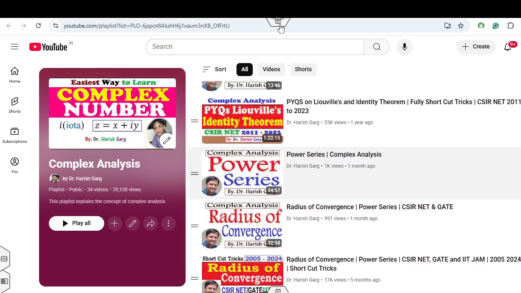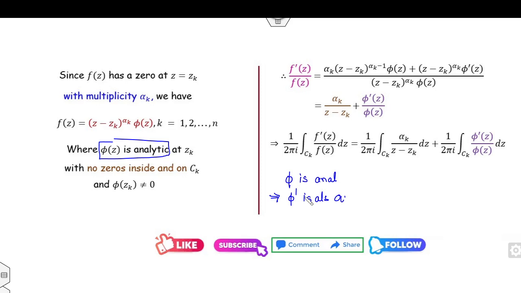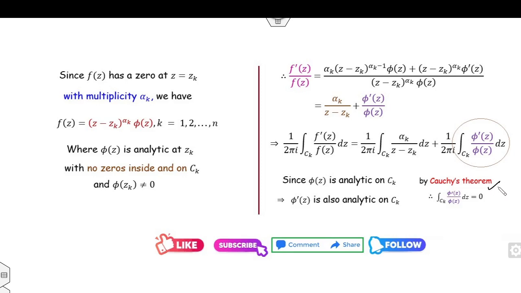You can see this in this lecture. Once you know phi is analytic and phi dash is analytic, what does it imply? Phi dash over phi is analytic. And once the function is analytic, the integration is 0 by the Cauchy theorem. Fine. So this integration is 0.